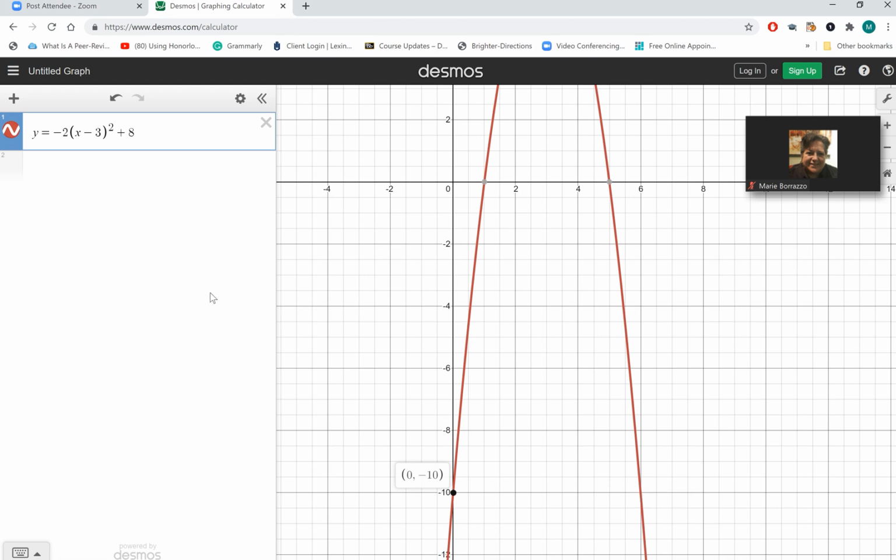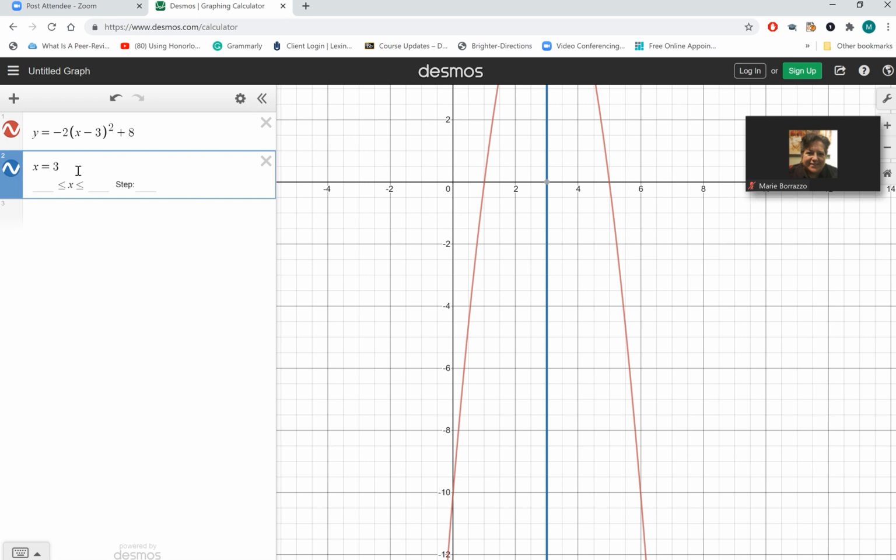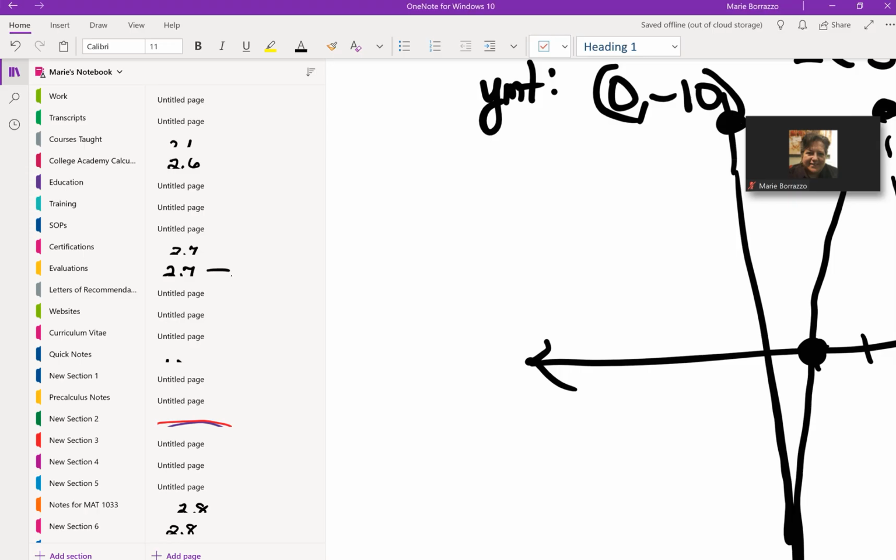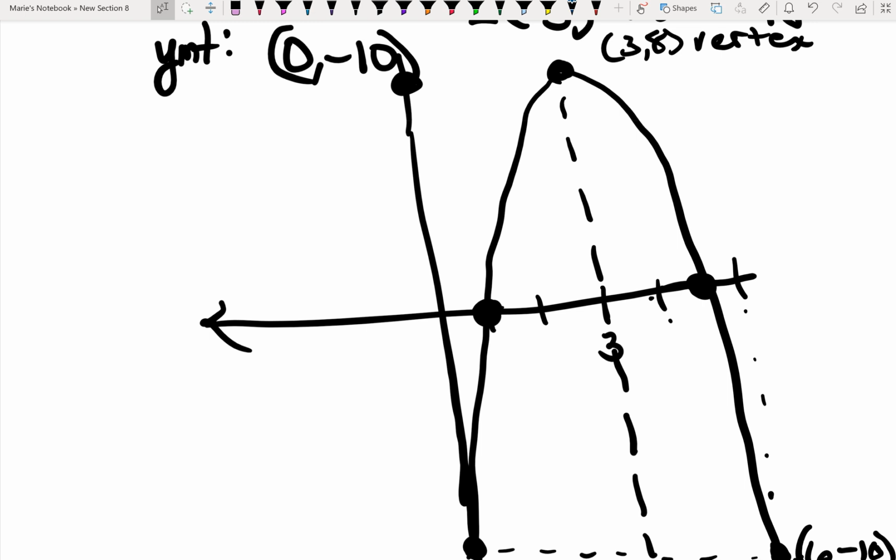And x equals 3 is your axis of symmetry. So you might want to use Desmos to help determine where these points are sitting. It will help you to locate them with a little more ease, I think.